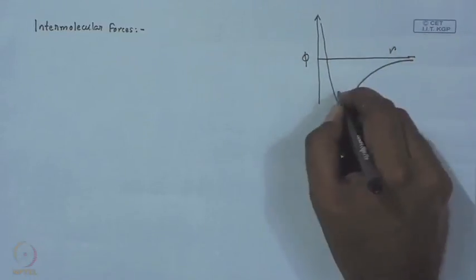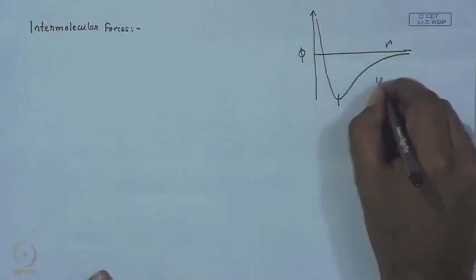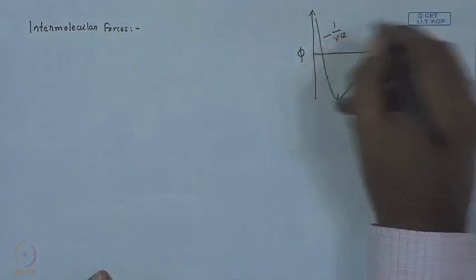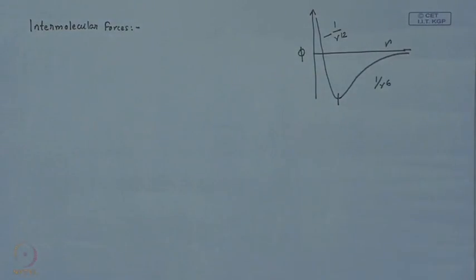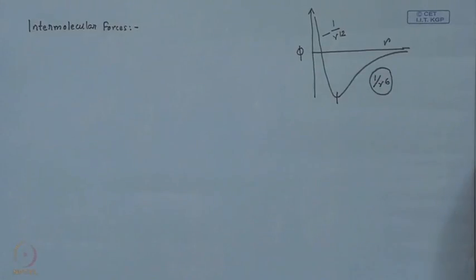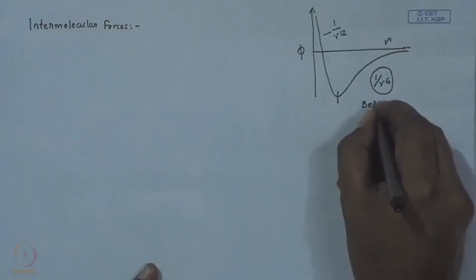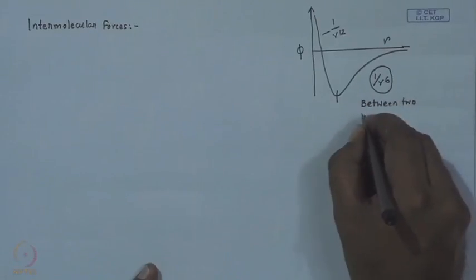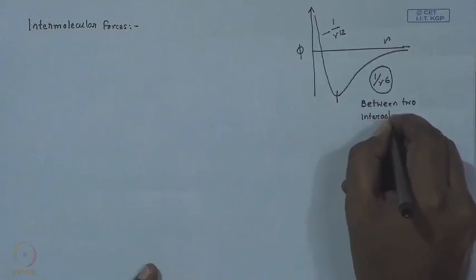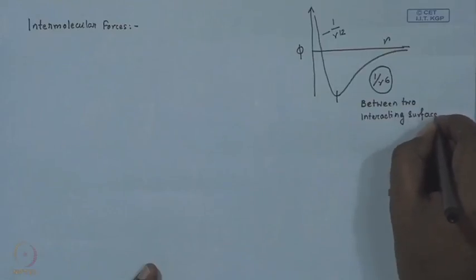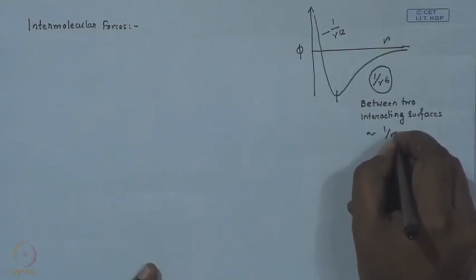But we also understand a little bit about the 1/r^6 attraction and 1/r^12 repulsion. We also talked about the fact that between two fundamental particles the scaling is 1 by r to the power 6, and between two interacting surfaces it is of the order of 1 by r square.